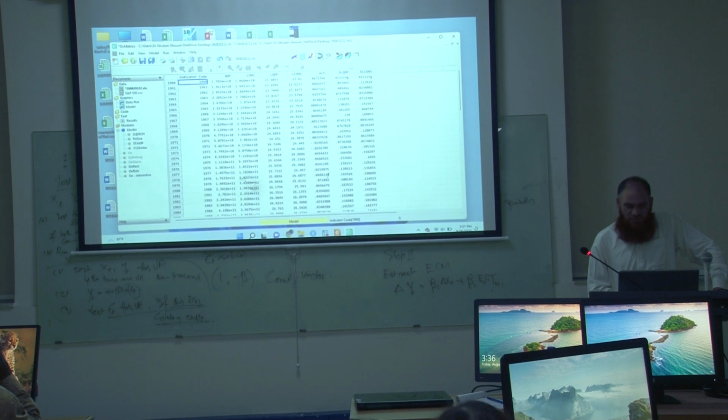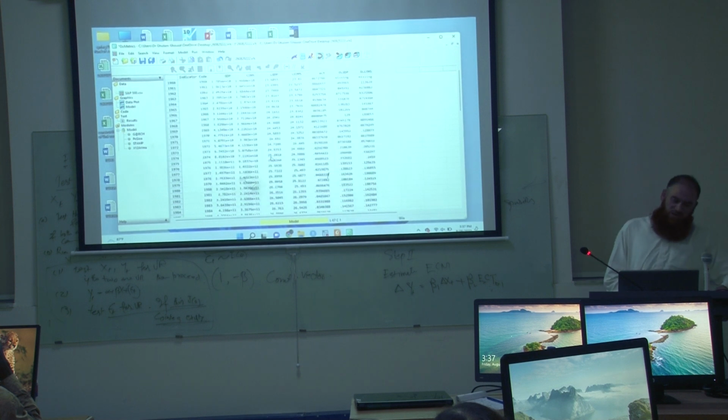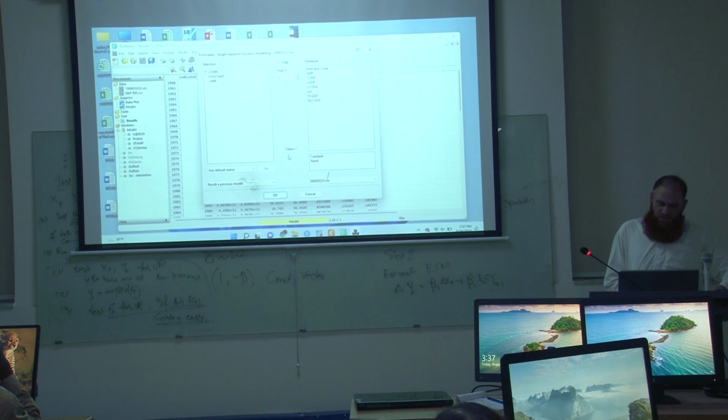So now what to do? Again go to estimate, and I am using time series models, and then single equation dynamic model, formulate. I have to take DL consumption as the dependent variable and DL GDP as independent variable.